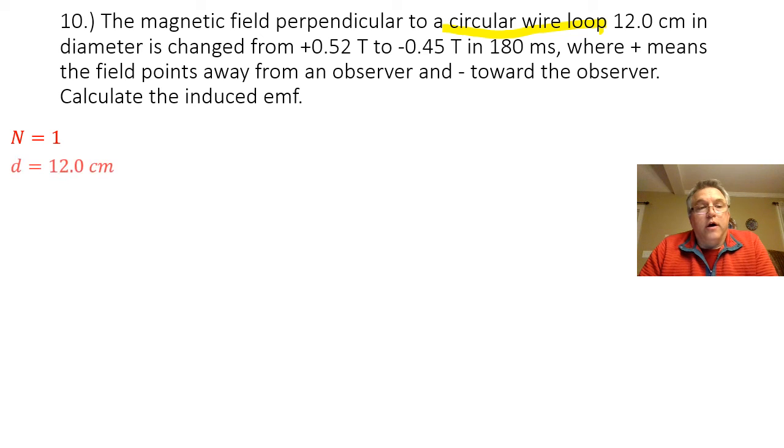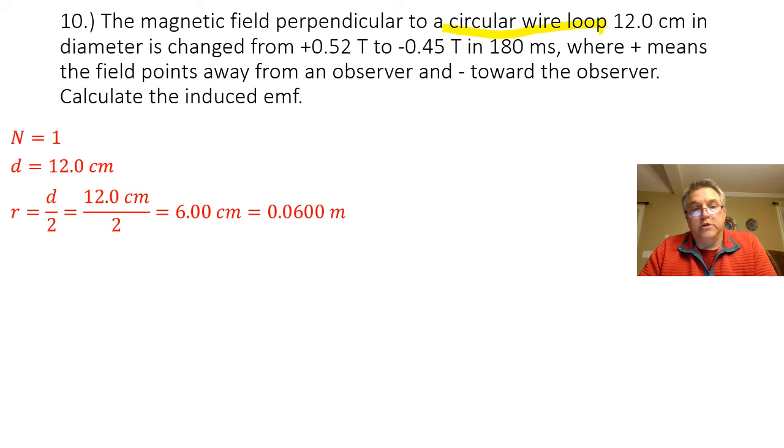The diameter of the loop is 12 centimeters. Once again, to find the radius, we just divide the diameter by 2 and then convert to meters. So we will have a radius of 0.0600 meters. The initial value for my magnetic field is positive 0.52 Tesla, and my final value for the magnetic field is negative 0.45 Tesla.